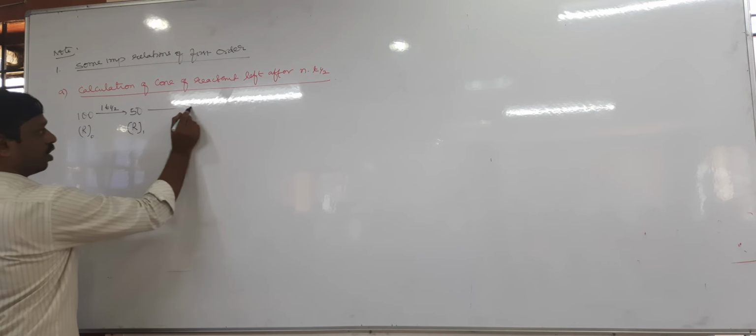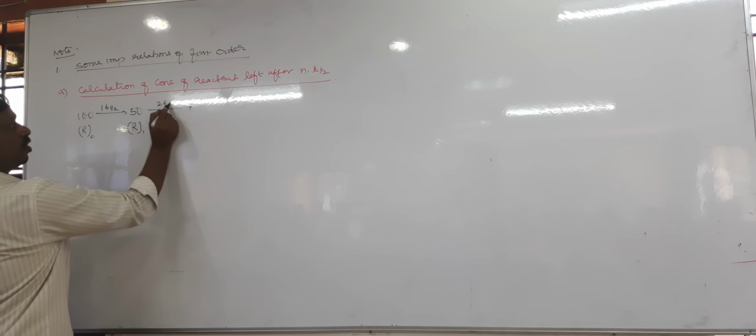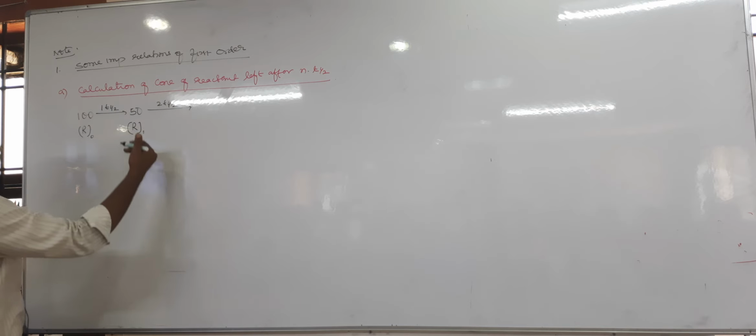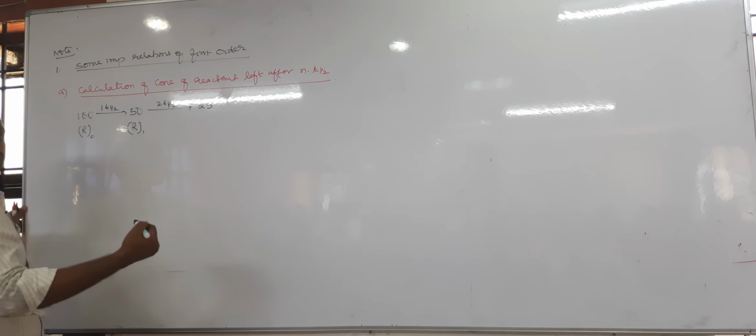Next, after another T half, that is 2 T half, what is the concentration left? Half of what was left, no. So every time half of the concentration is reduced.